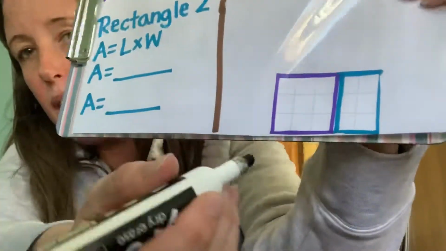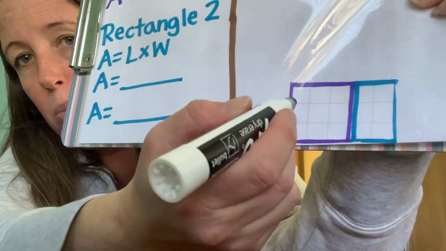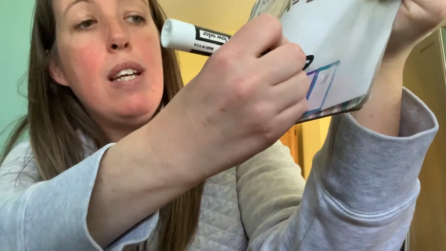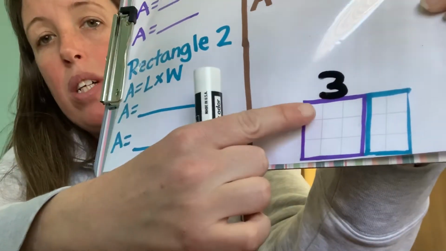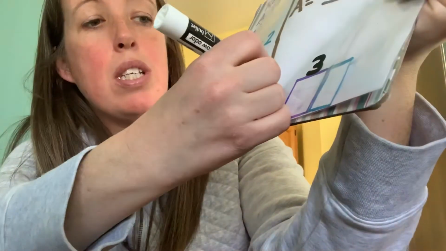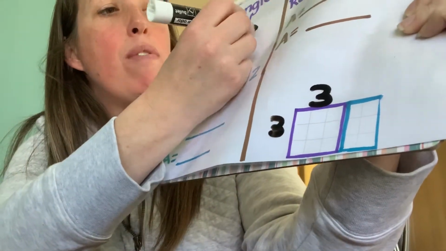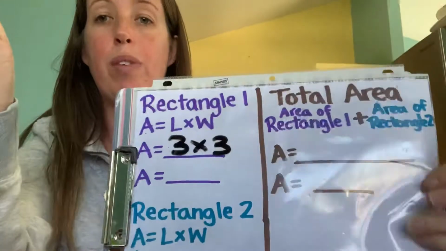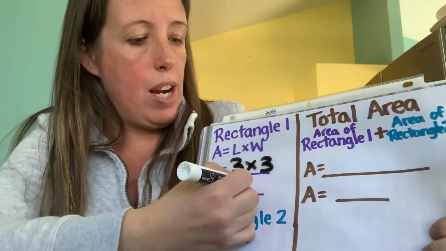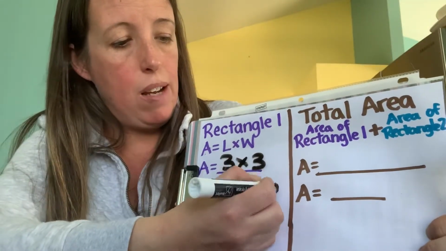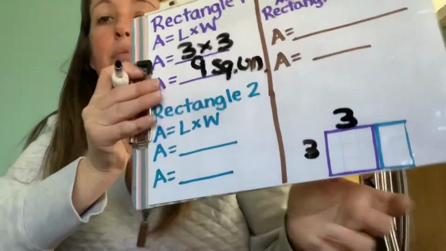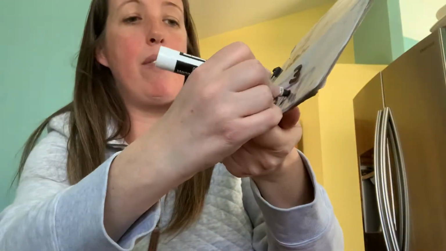The length of rectangle 1 is 1, 2, 3 square units. And the width is also 1, 2, 3 square units. It's a square. So I have an area that has the dimensions of 3 times 3, which gives me an area of 9 square units. I'll put a 9 inside here.